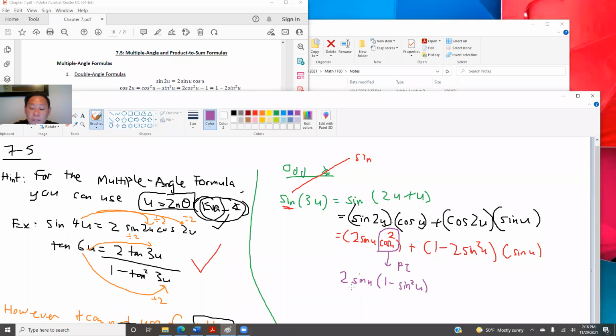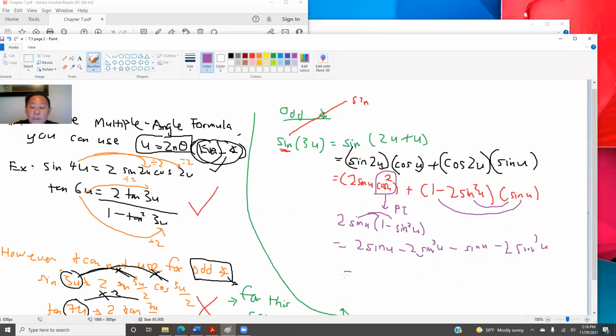Now we'll distribute this inside here. So I will get 2 sine u minus 2 sine cubed u, because sine and sine squared become sine cubed. And then I distribute the sine u, minus sine u minus 2 times sine cubed u. What I do here is combine like terms. I think this is plus, sorry, this is plus because this is addition.